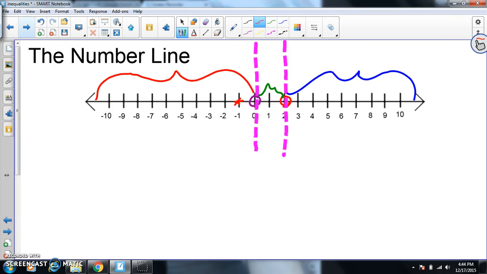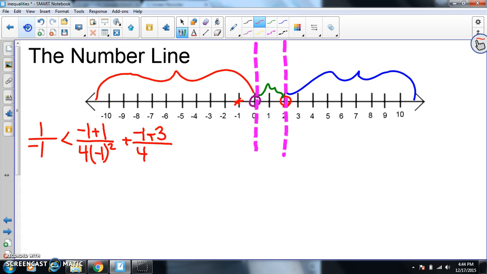So I have 1 over -1 is less than (-1 plus 1) over 4 times (-1) squared plus (-1 plus 3) over 4 times (-1) squared.